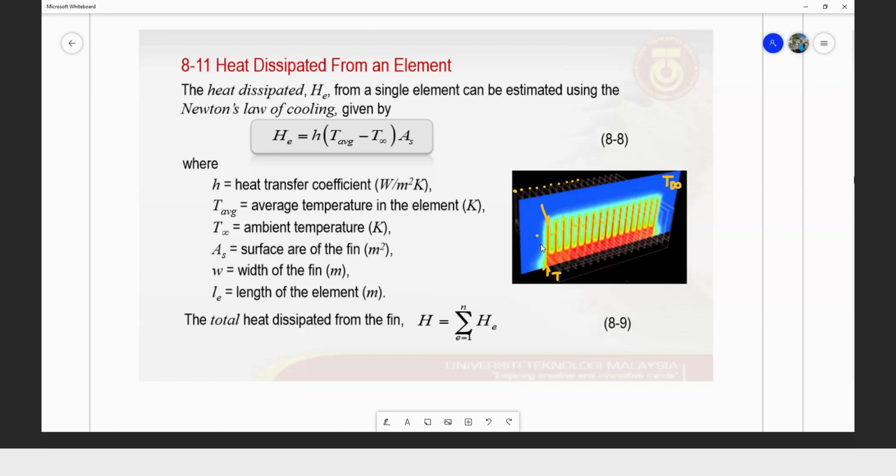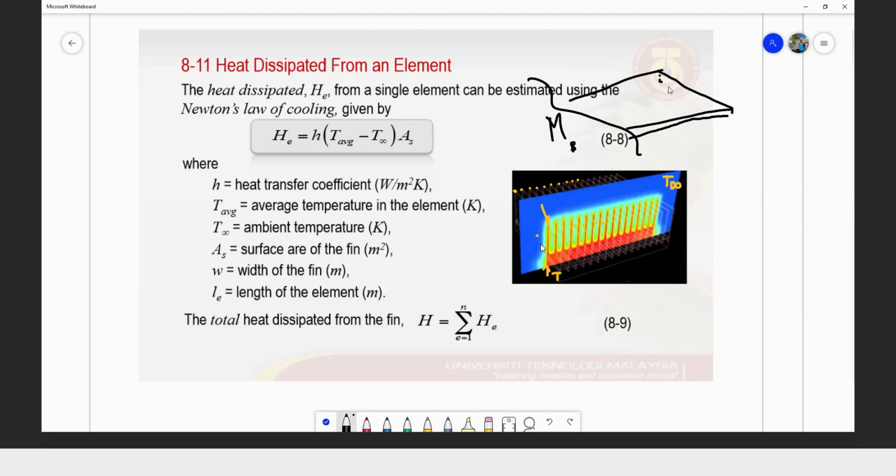A fin has two surfaces, the top surface and the bottom surface. The side surface is usually very thin. So if the fin is like a thin plate attached to the body, this is the main body, where we have the very high temperature. So we attach the fin to this body.